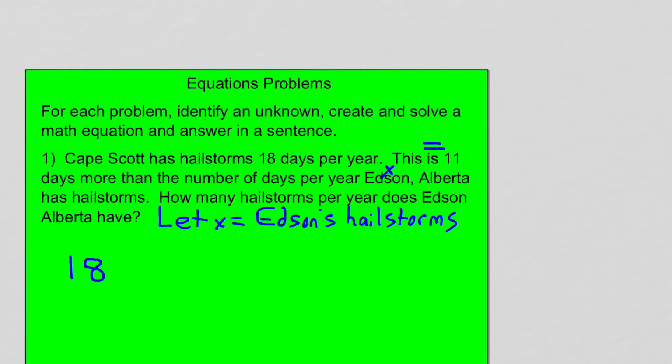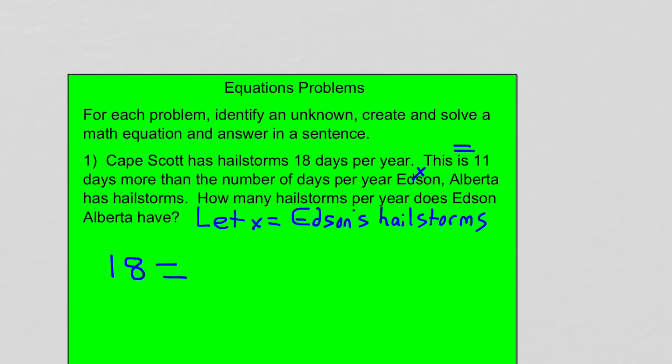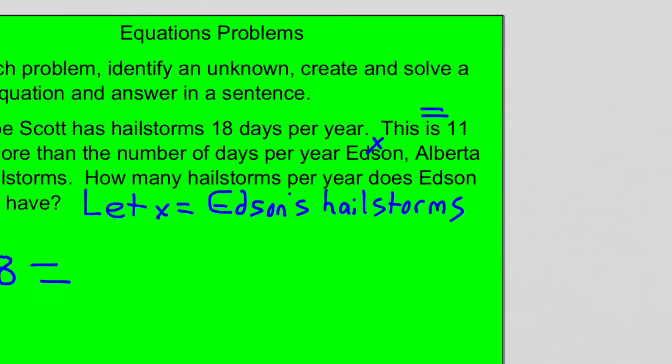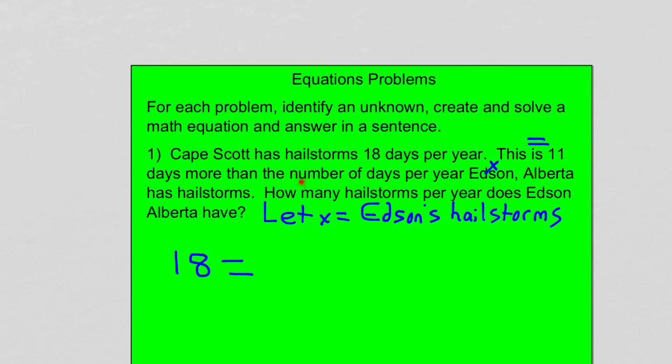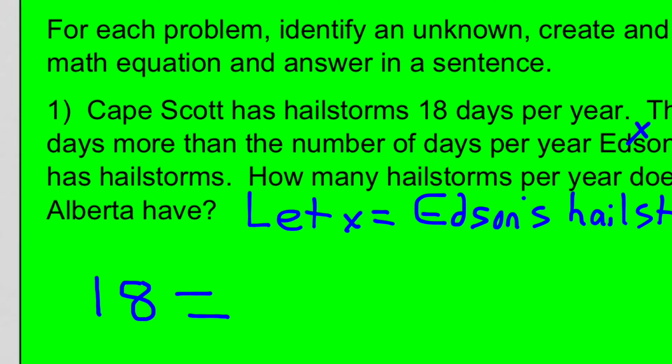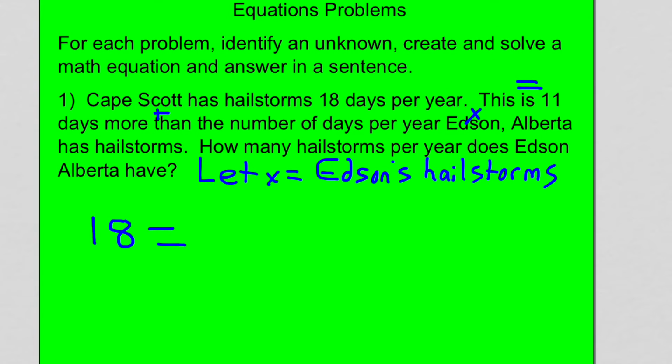So 18 is equal to 11 days more than X. Think about how I could write 11 more than X. Well, we know more than, if we think number operations, means plus. So how will I show 11 greater than X? Well, I could show that as X plus 11.